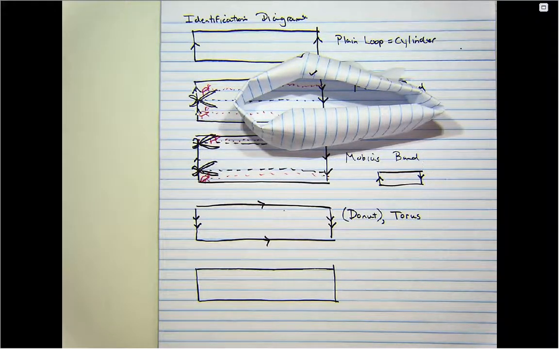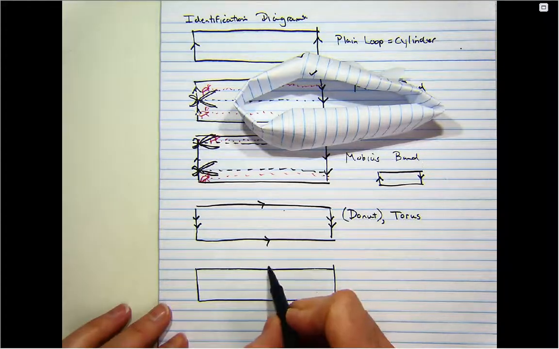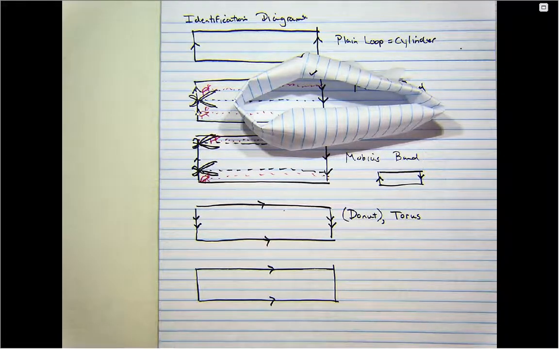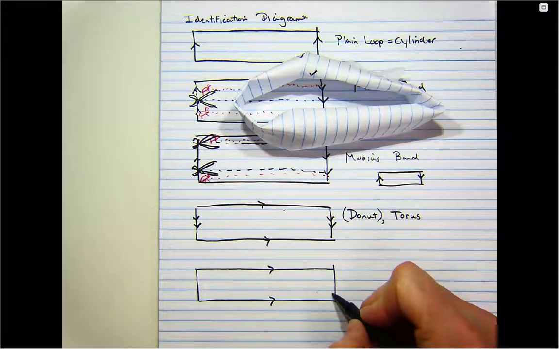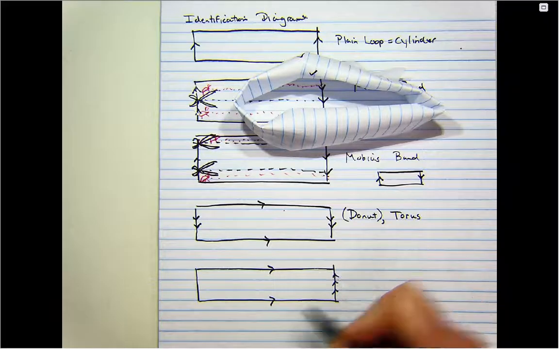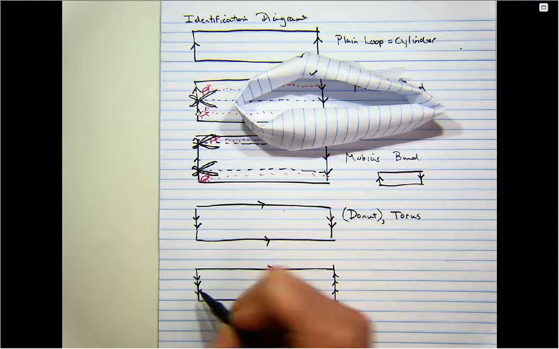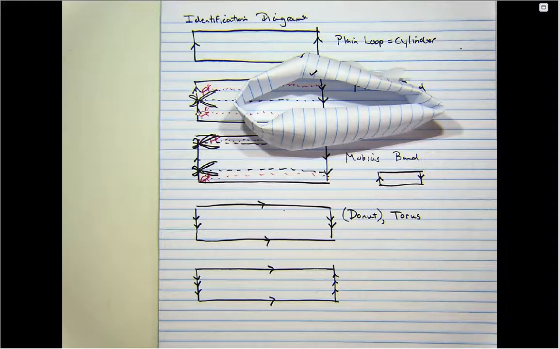So this next one, you have the long sides together to make a tube, just like we did for the torus. But the short sides have to be connected in a way that the orientation is opposite. So like the Mobius band, it has to have a twist in it.